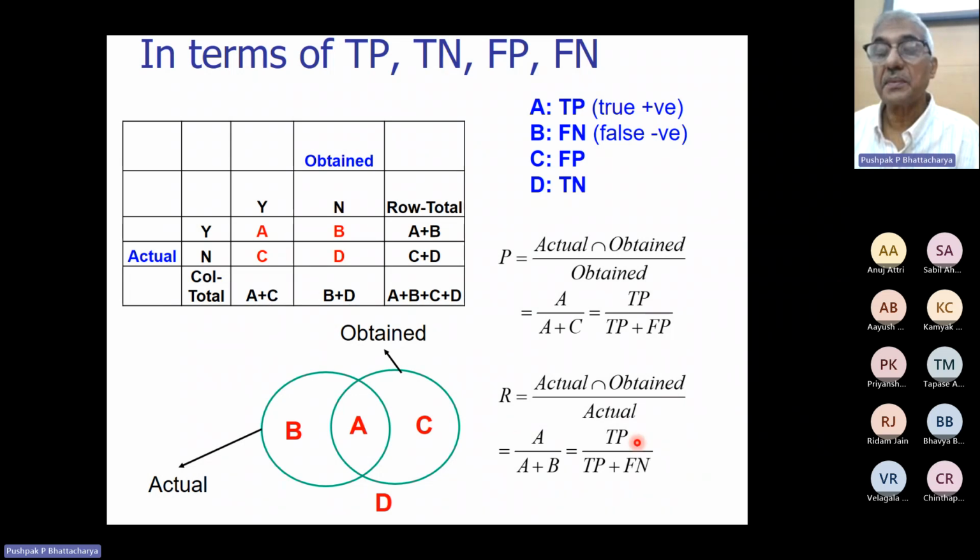Recall is actual intersection obtained by actual, which is A by A plus B, which is true positive by true positive plus false negative. Okay, so these are very standard metrics which are used in machine learning. And you either have been exposed to this before or please get exposed to this and absorb it completely now.